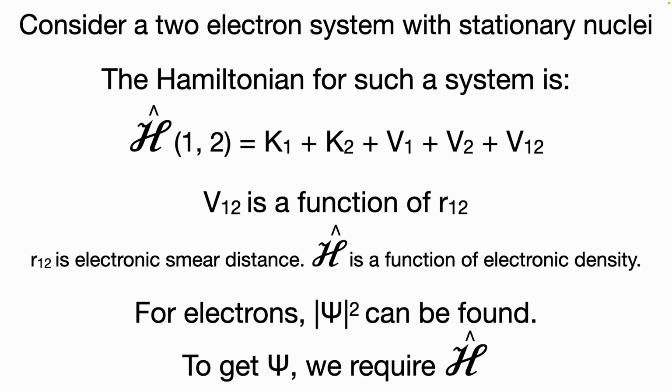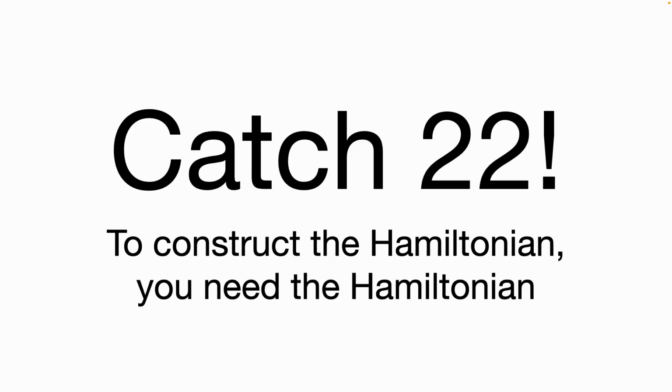But in order to get psi, we need the Hamiltonian. Which brings us to a catch-22 situation, where in order to construct the Hamiltonian, you require the Hamiltonian itself.